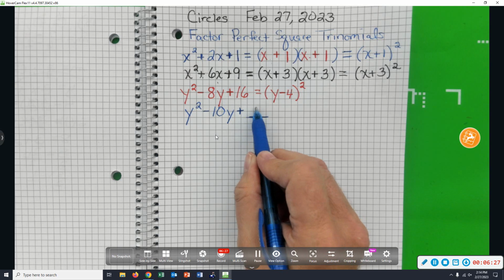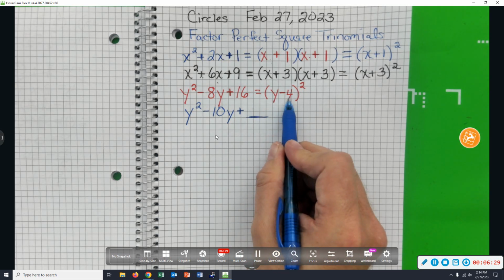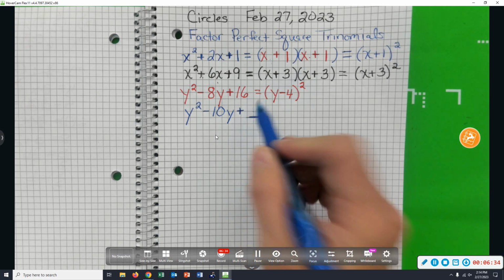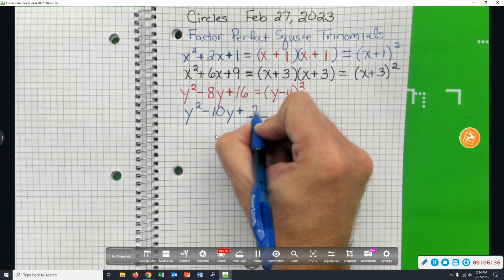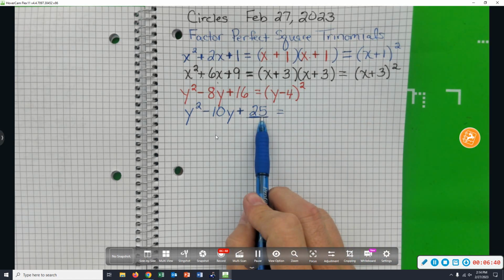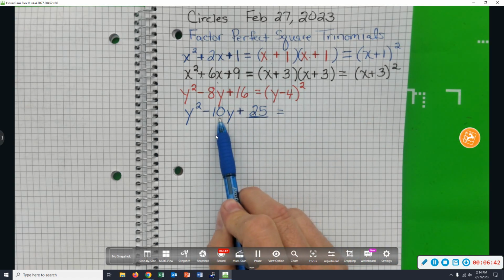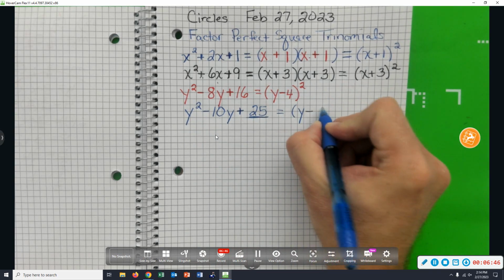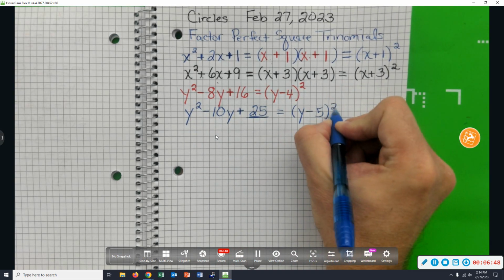Oh, you're getting ahead of me. What would that third number need to be? A 25. If there were a 25 right here, then 5 times 5 is 25, and 5 plus 5 is 10. How would I write it? y minus 5 squared.